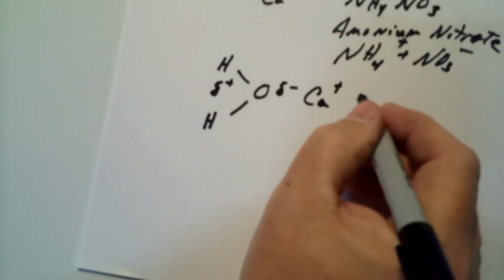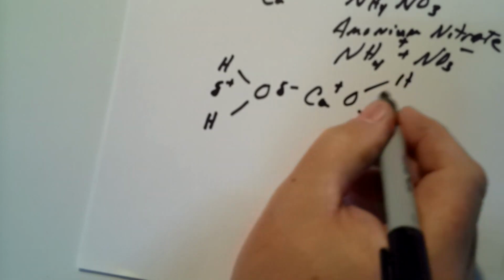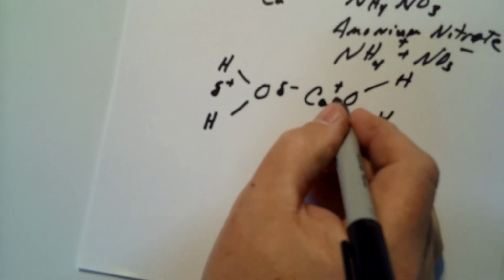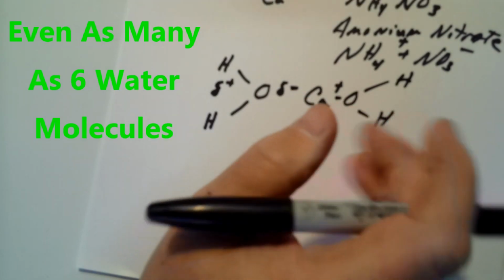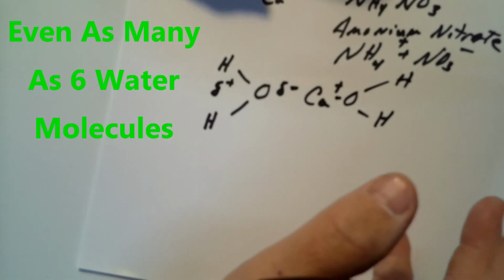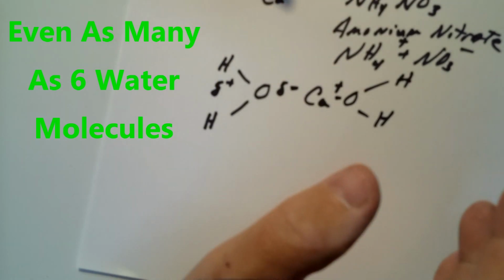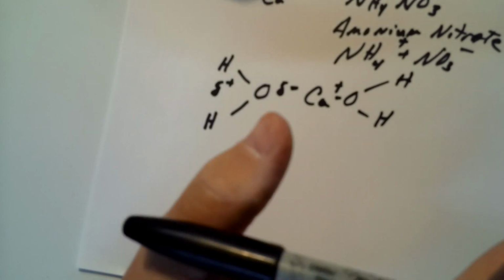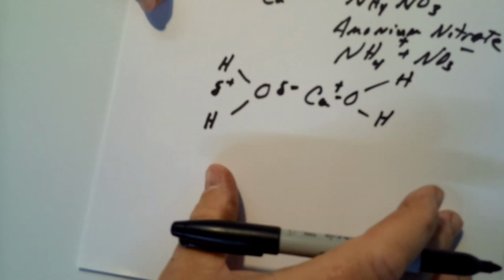It would take two of these waters attached to that calcium, with the partial negatives there, so that it could be transported into the plant.